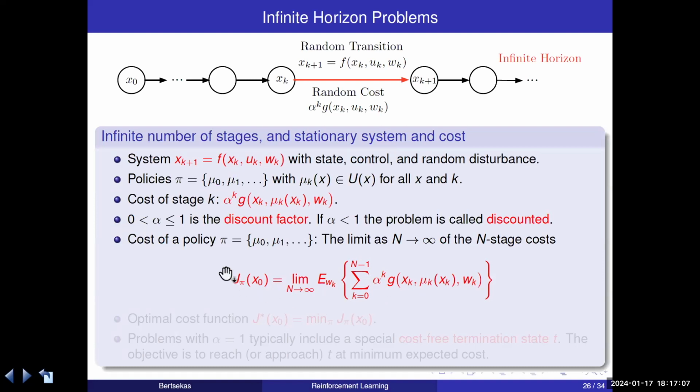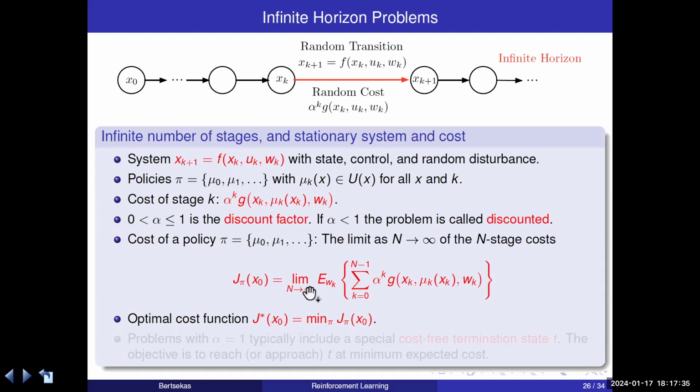So the cost function is finite. The cost starting at a given state of a given policy is finite over an infinite number of stages in this case. And that gives rise to the nicest class of infinite horizon problems, which are called discounted. They involve a discount that's less than 1 and a cost per stage that is bounded.